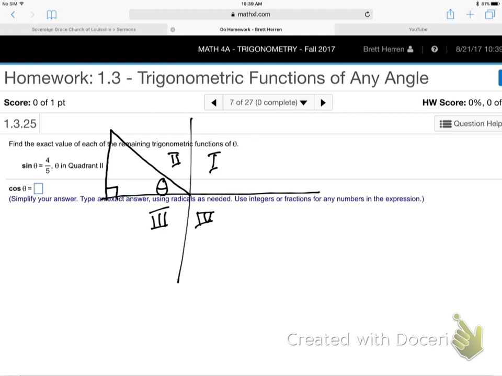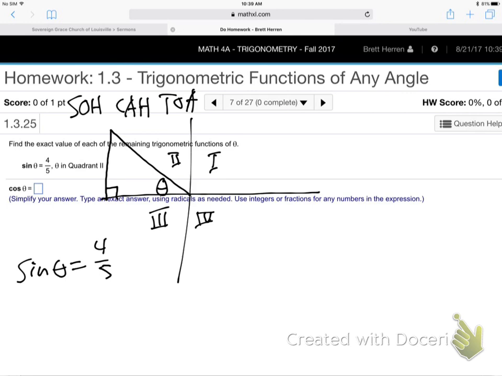Then you say, all right, so that's what they're talking about. And they're saying the sine of theta is 4/5. Well, what do we know about sine? We know SOHCAHTOA. That's the definition of what sine really is, and cosine really is, and tangent really is. So sine is really opposite over hypotenuse.